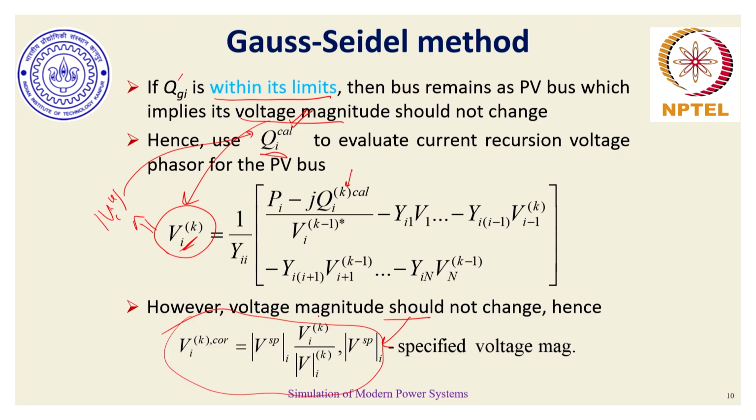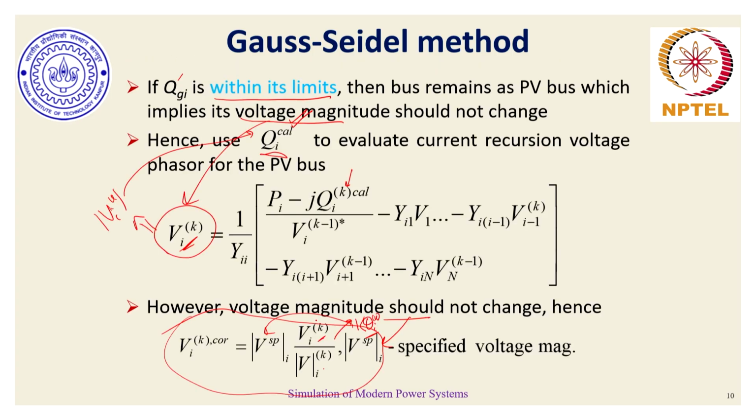So, we divide this V by its corresponding magnitude. It is essentially left with 1 at an angle theta_i^k at the kth recursion, and we are multiplying this phase angle theta_i^k. The phase angle can change for a PV bus. We are multiplying this phase angle with the voltage value which is specified for this PV bus, and that is how voltage correction gets done. The phase angle remains free, the voltage magnitude however remains frozen.